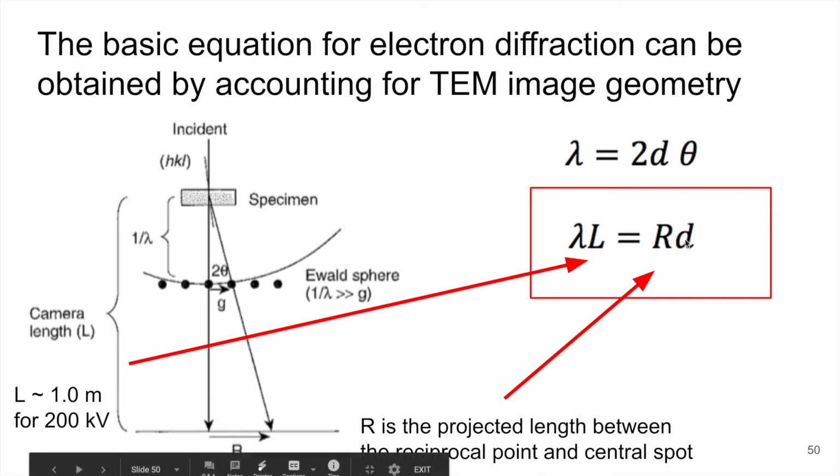So this allows us to calculate the d-spacing, or d, by knowing the wavelength of electrons, if we know the accelerating voltage, the camera length, which is tied to our setup, and then the measurement of R, which we do from the SAD image.